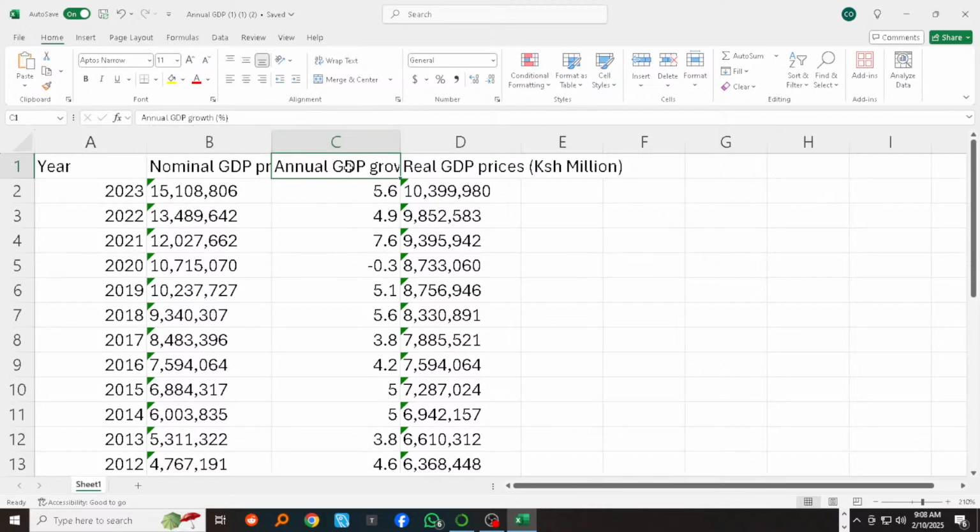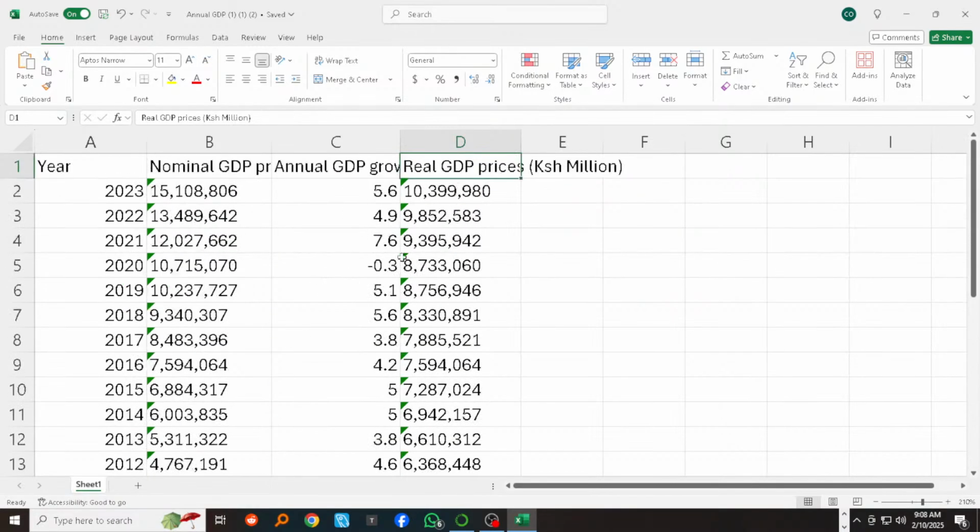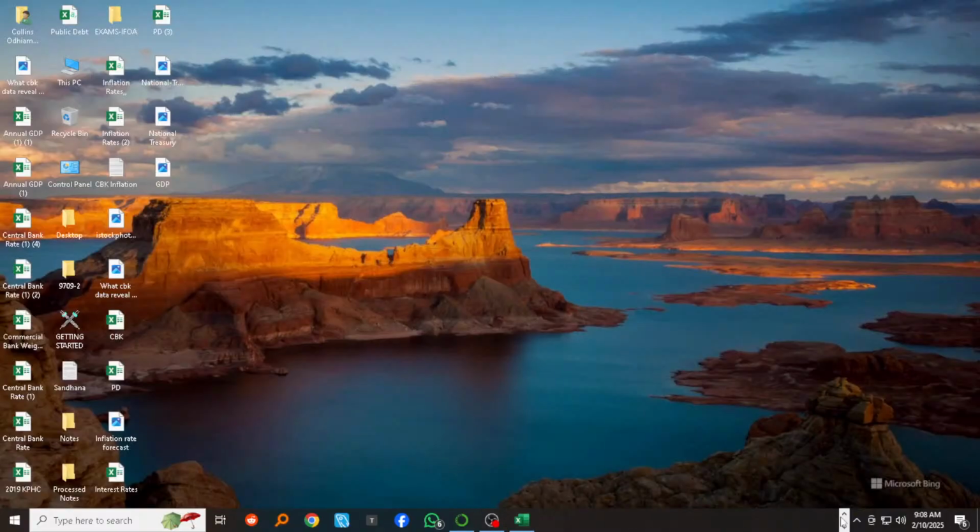And then we have real GDP prices in Kenya shillings millions as well. So now, that's the data that we have.